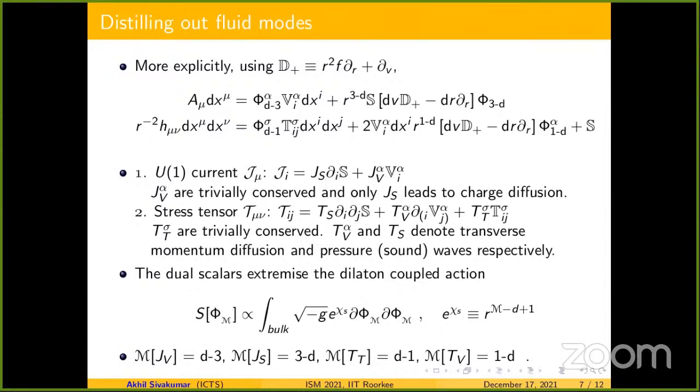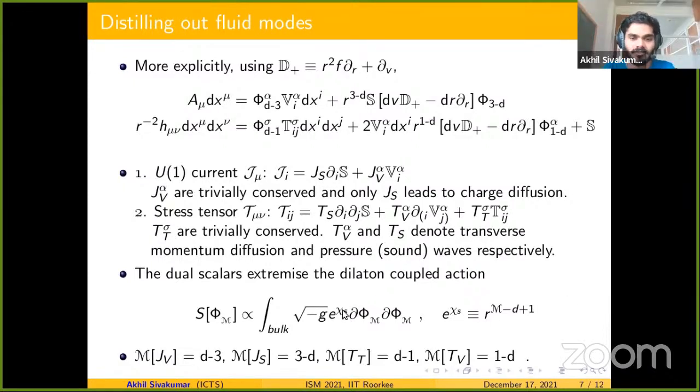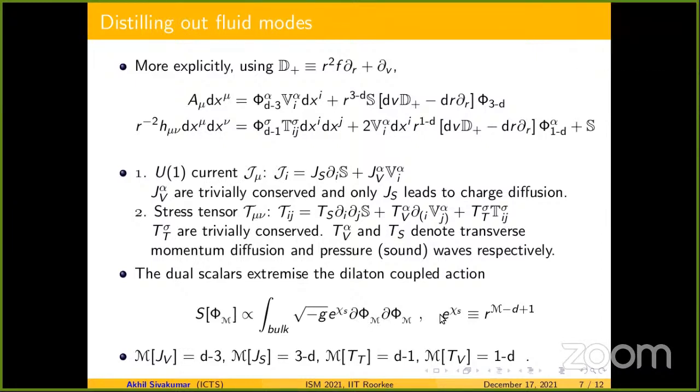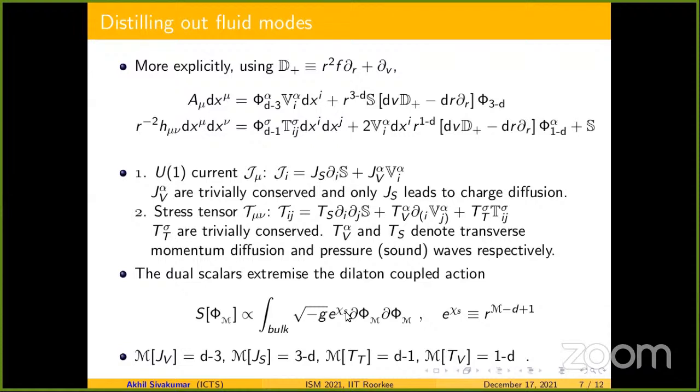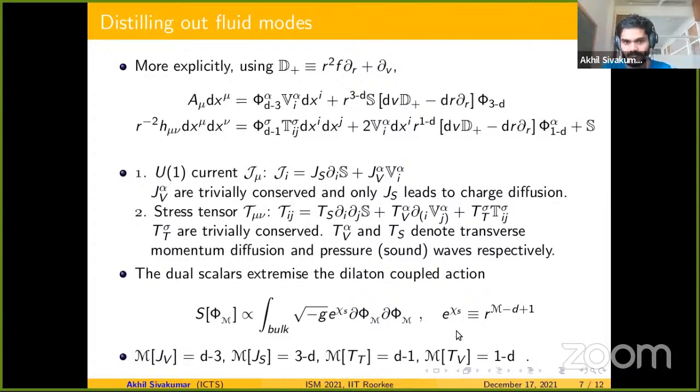Exactly. Is that the distinction between the two? From the perspective of just the equation of motion, that seems to be the distinction. Yes. Okay, thank you. But it's non-trivial that at least these sectors you can have a simple one-parameter classification of these modes. Yes, this dilaton kappa basically tells you that.